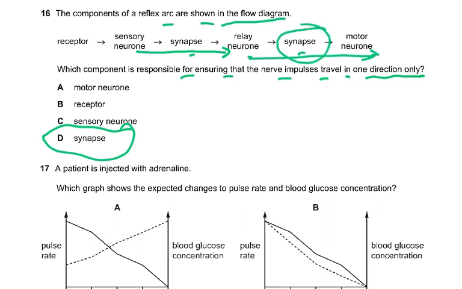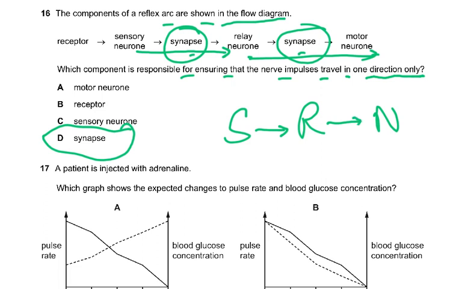There's a synapse in between here and a synapse in between here. So it's sensory neuron, relay neuron, and motor neuron, and the synapses are in between.